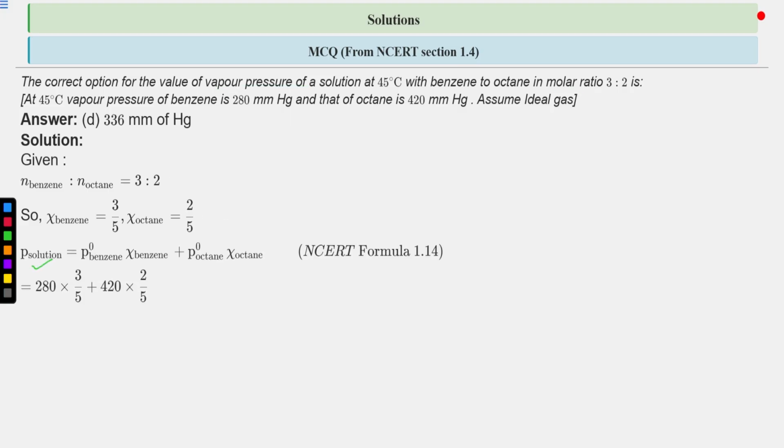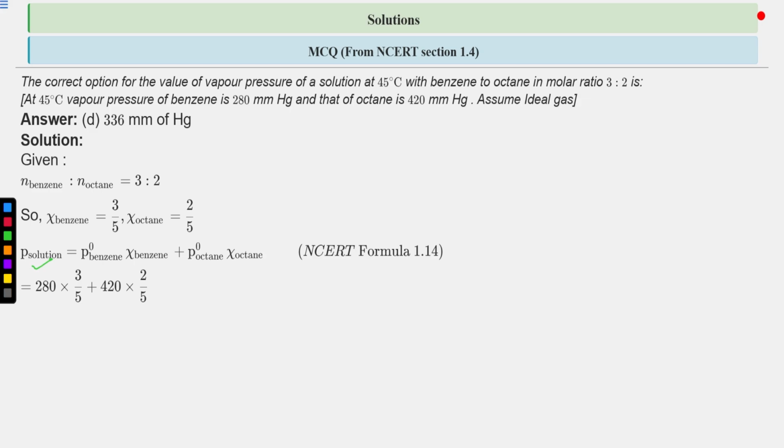Now the total vapor pressure of the solution will be equal to the sum of the vapor pressures of each component, right? And one component's vapor pressure will be equal to the product of its mole fraction and the vapor pressure of its pure form. We have simplified this equation, and this is the NCERT formula, marked as 1.14 in the NCERT textbook in the solutions chapter.